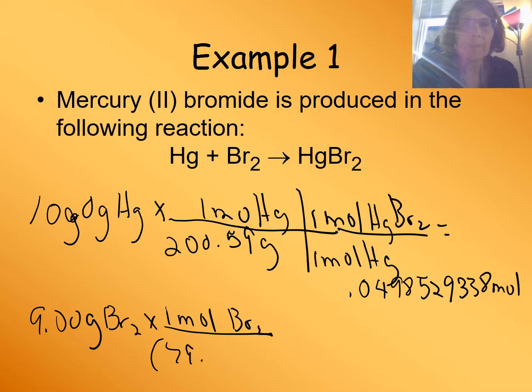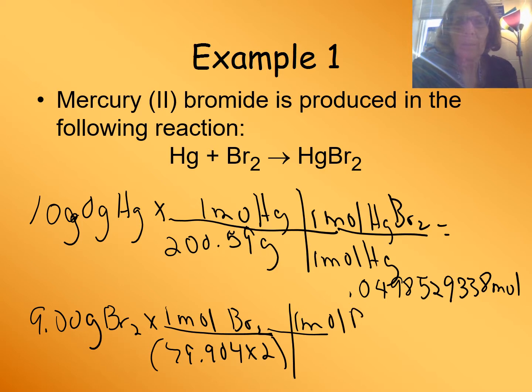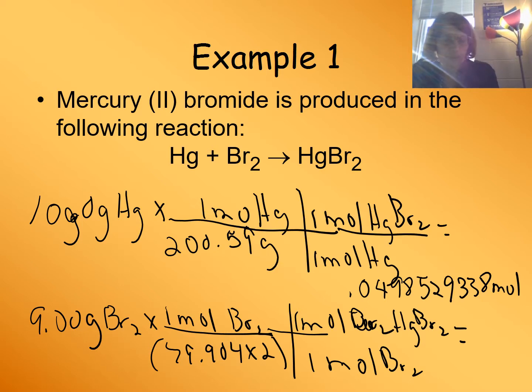39.904 times 2. Oops, this is 1 mole. So it looks like this first one is the limiting reactant.